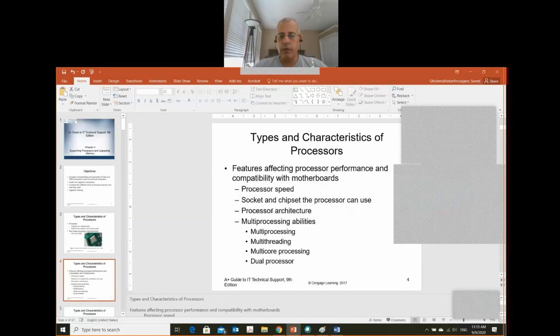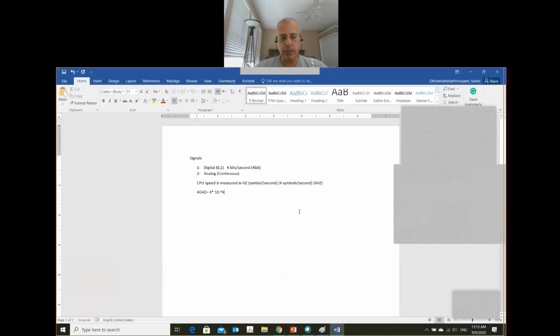Okay. Processor architecture. We have two general architectures for CPUs. We have processors that can process 32 bits at a time, and processors that can process 64 bits at a time.